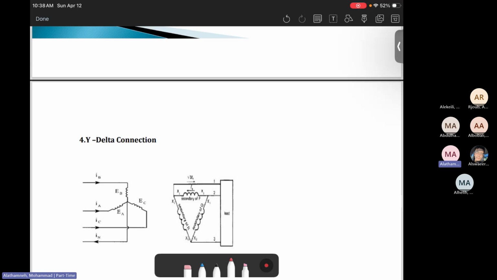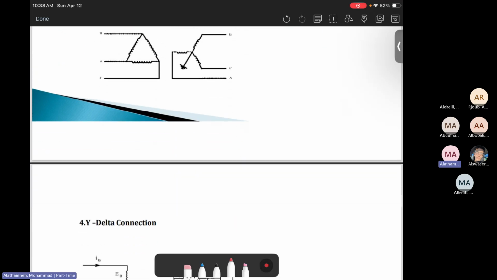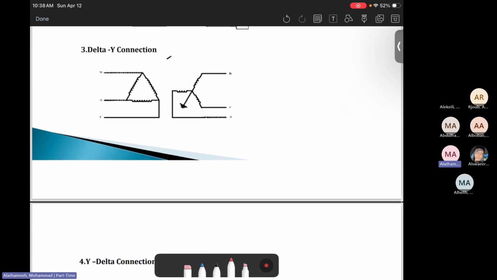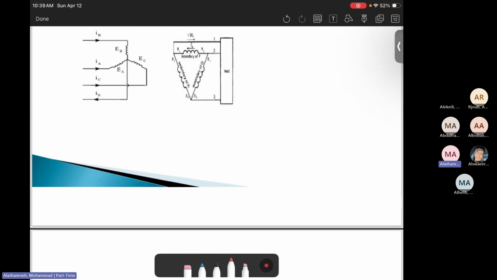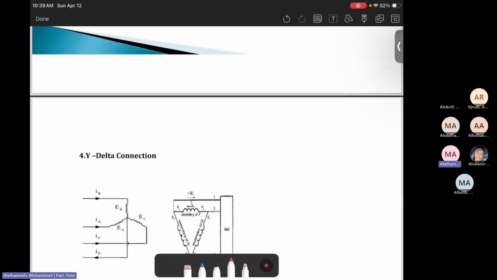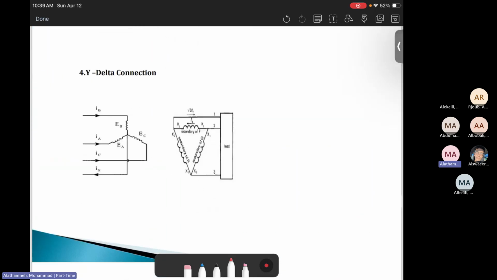Those are very common, but the challenge is there is a displacement, which we call the phase shift, 30 degrees or 30 degrees times n. So it can be 30 degrees, 150 degrees, minus 30 degrees, etc. That's something that's a problem. But Y to delta and delta to Y are very common.